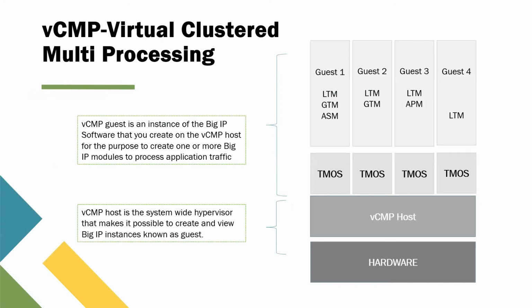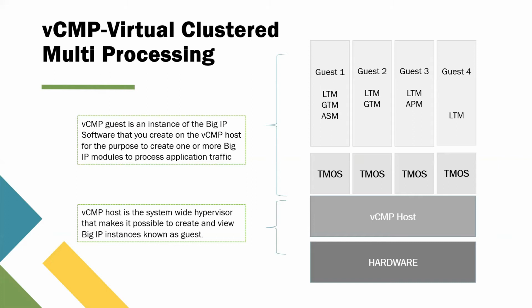All right. So now that we are done with having a little review on the hardware side or the kind of platform, I'm just including the VM side as well. Here is what is commonly being used as well, which is known as VCMP. It's virtual clustered multiprocessing.